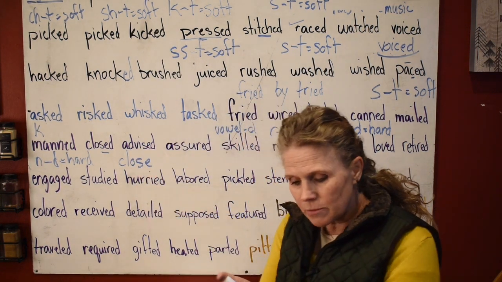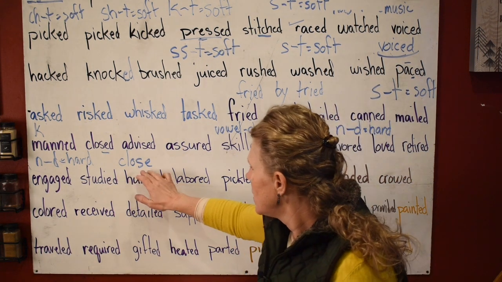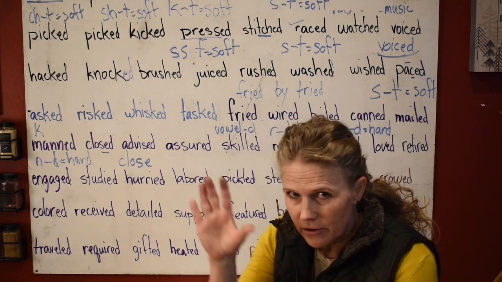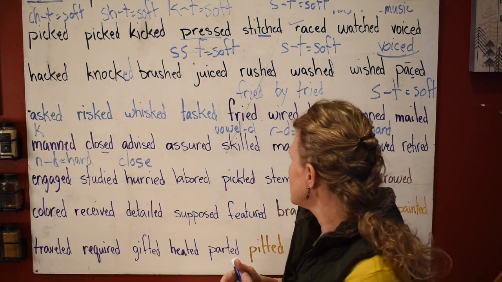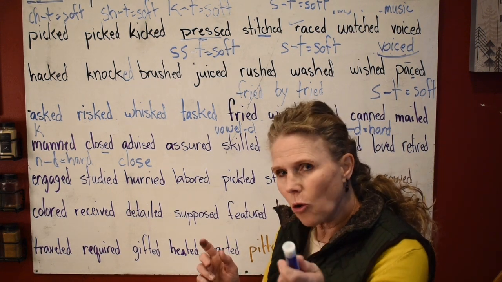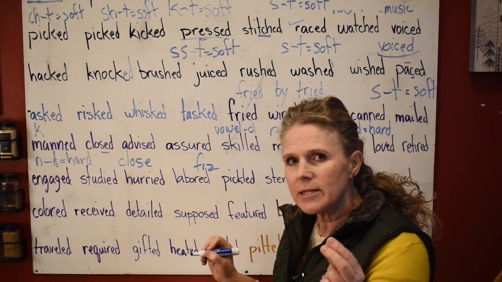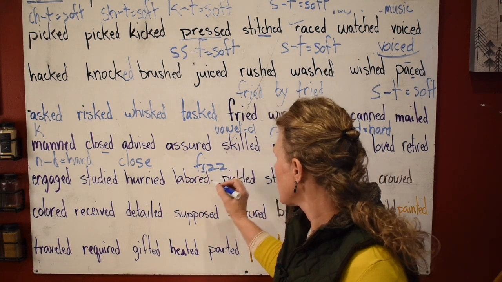Close. Most SEs, I would say around 80%. So if you hear a Z at the end, unless you have another vowel rule, if you hear Z at the end and you want to spell it, and it's short, like fizz, see how you have one vowel and it's short, you double it.